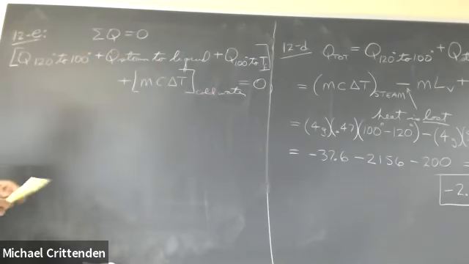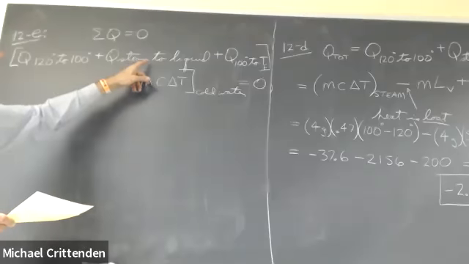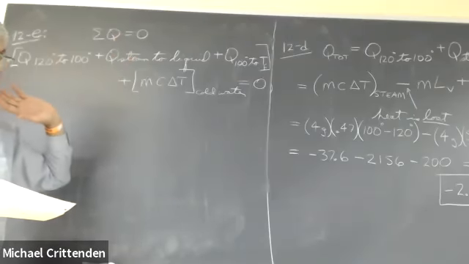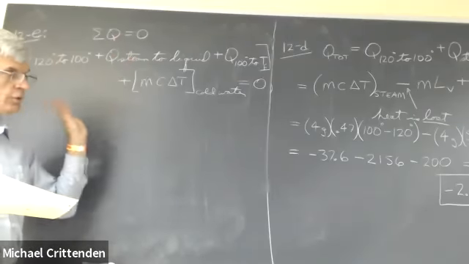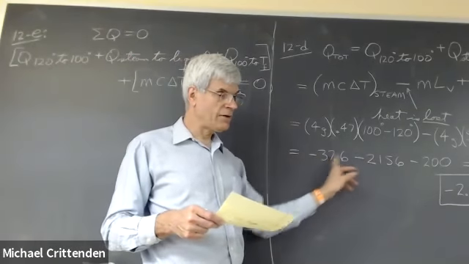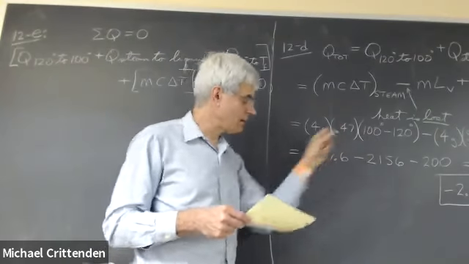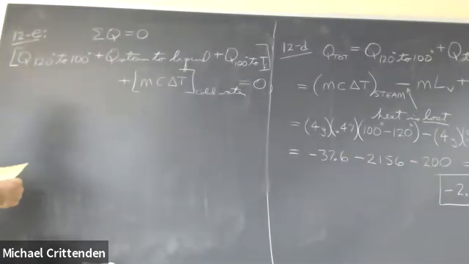So these first two things here, to go from 120 to 100 and also to liquefy, that is just a complete repeat of what happened over here. It's going to be these same two numbers again. So I'm not going to bother writing them out in as much detail.